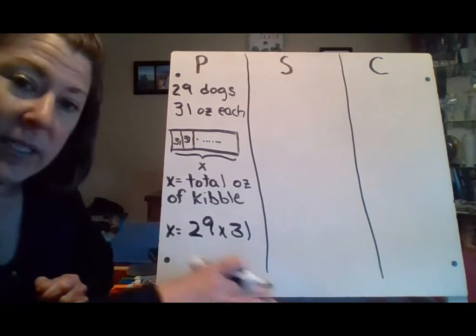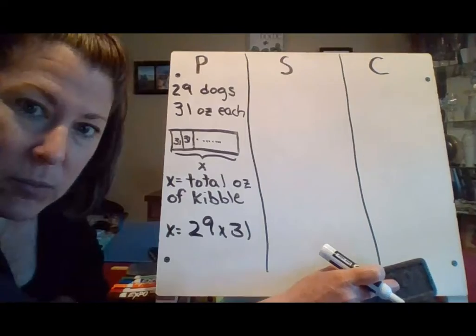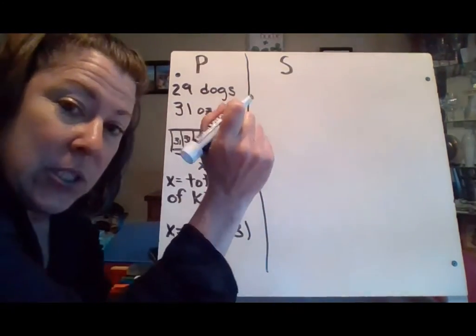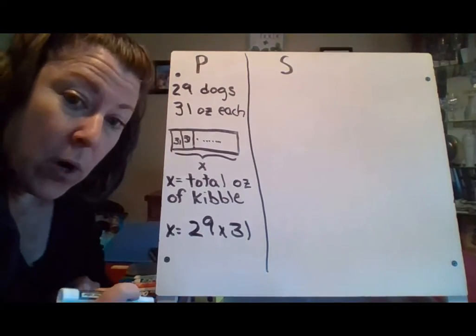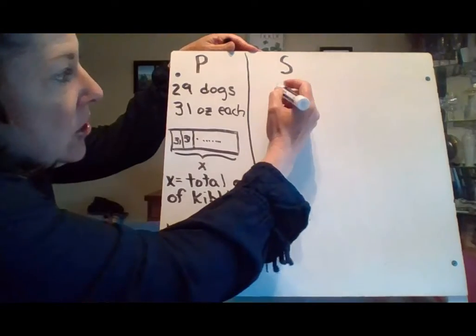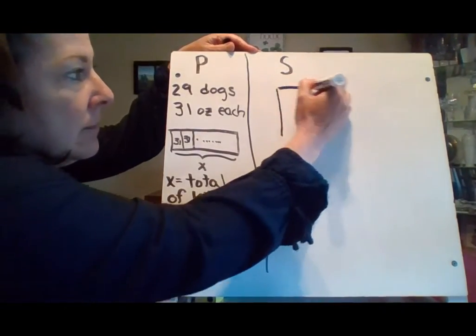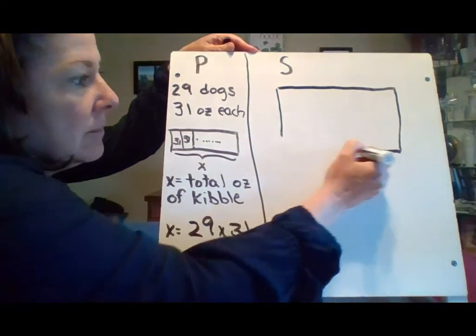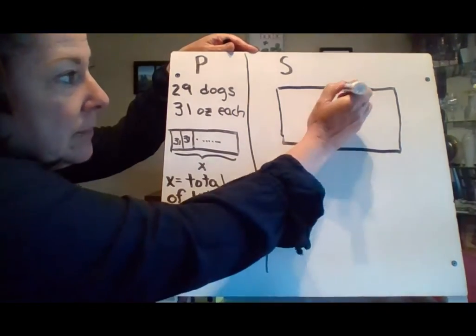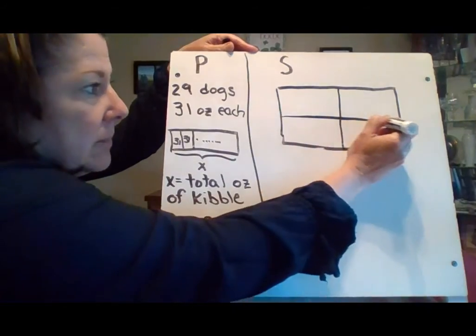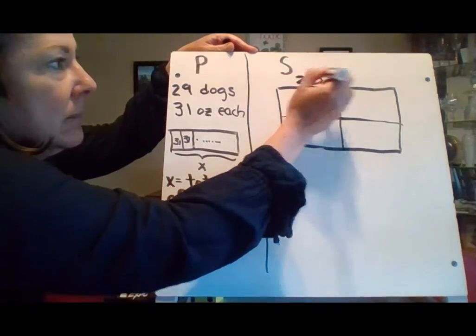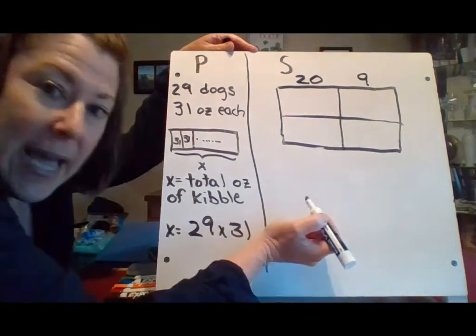Now, in order to solve it, I'm going to have to give myself a little bit more room, because I'm going to use the area model to multiply these 2-digit by 2-digit numbers. So remember, with the area model, area is length times width. So I have 29 and 31.